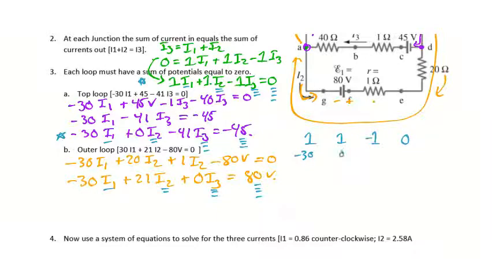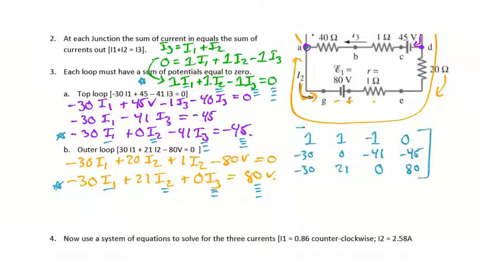We have a 0 in the I2 term. We have a negative 41 in the I3 term. And we have a negative 45. And now the orange equation, we have negative 30. We have 21 for I2. We have 0 for I3. And we have 80 for our constant term.